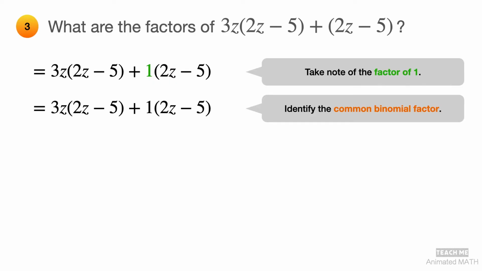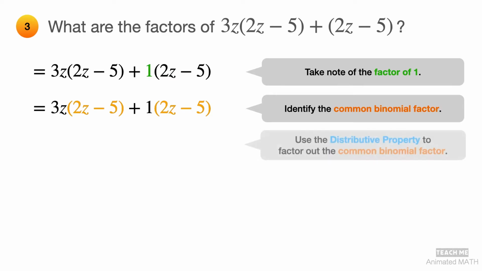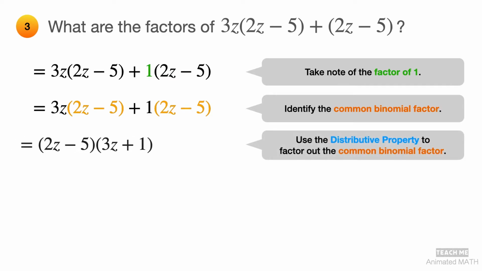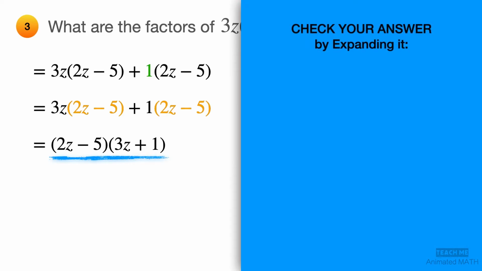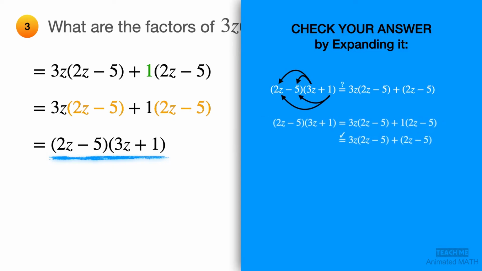In this case, that is 2z minus 5. Next step is to use the distributive property to factor out the common binomial factor, which is 2z minus 5. And the final answer is 2z minus 5 times 3z plus 1. Don't forget to check your answer by expanding it using polynomial multiplication as shown in this video.